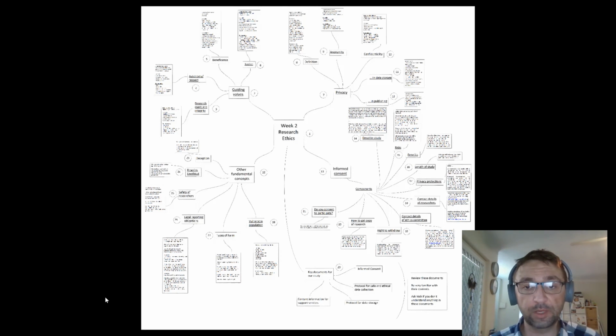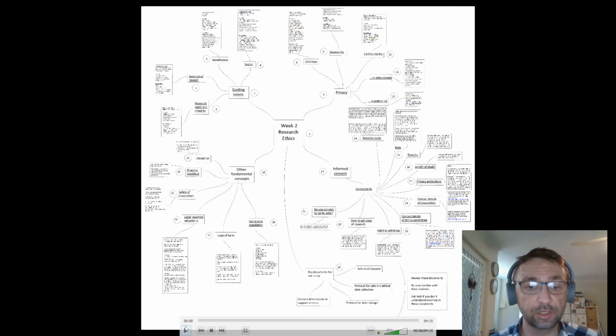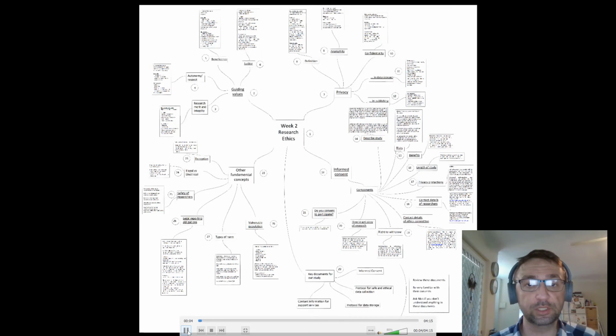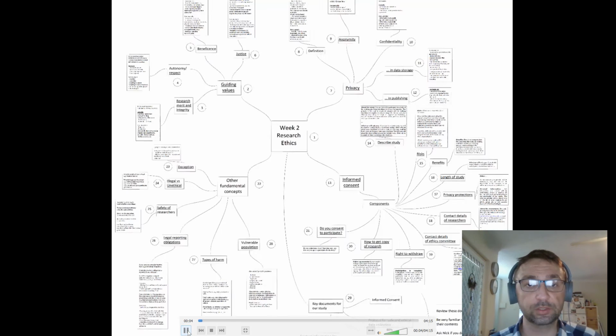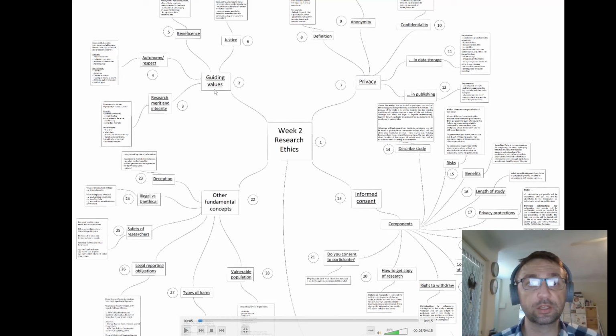I've redone the mind map so that it's much clearer and able to be read at a high level at quite a distance. If we look at this now, you can see that what we're going to do today is basically talk through the guiding values of research ethics, what we mean by privacy and some of the basic concepts there.